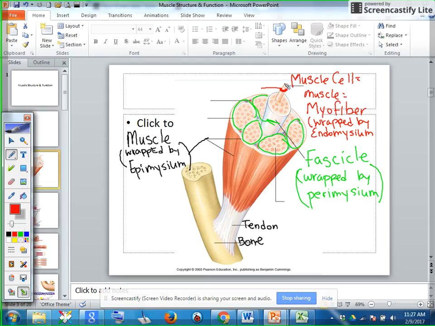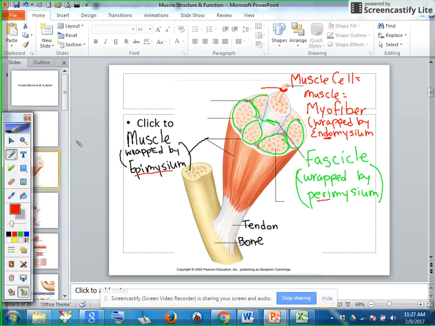Each one of these muscle cells then is wrapped by endomysium. They're bundled together in what we call a fascicle, and each fascicle is wrapped by a connective tissue called perimysium. Then you have all the bundles and bundles and bundles wrapped together to make the whole muscle, and that whole muscle is wrapped by epimysium.